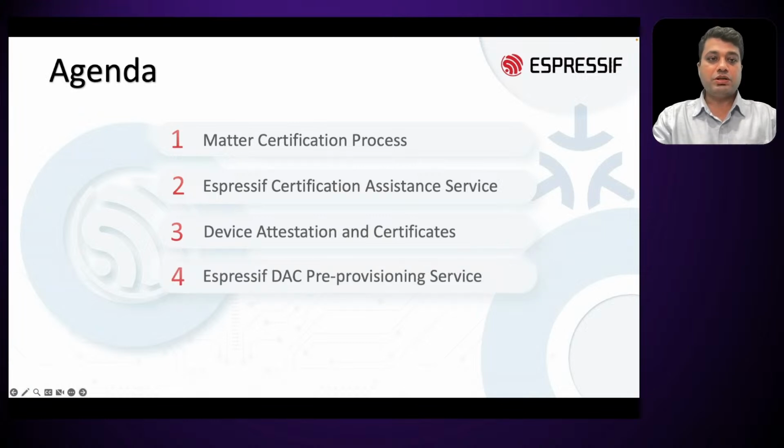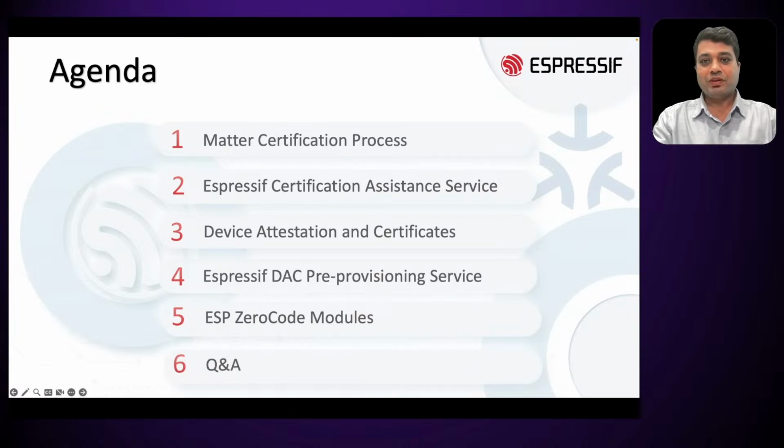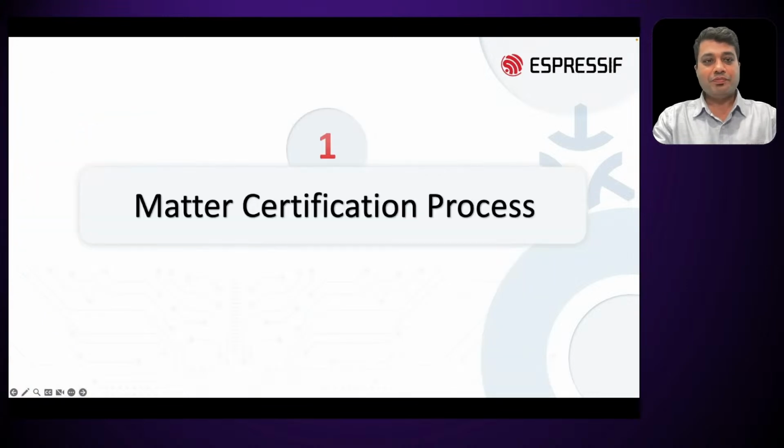Then I will talk about Espressif's DAC pre-provisioning service, which simplifies device certificate programming for our customers. And finally, I'll talk about the ESP Zerocode modules, which are probably the easiest way to build Matter devices. Then we'll go into the Q&A, and we would be glad to answer any questions that you may have. So let us begin.